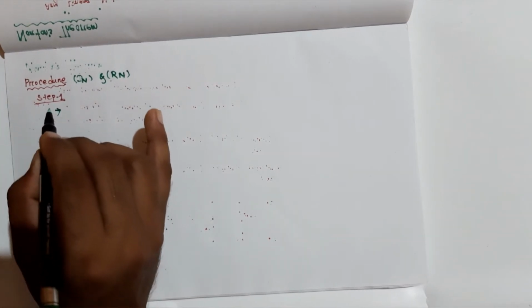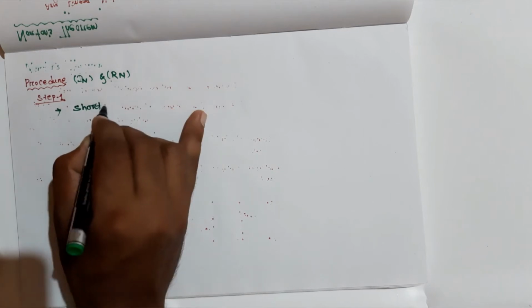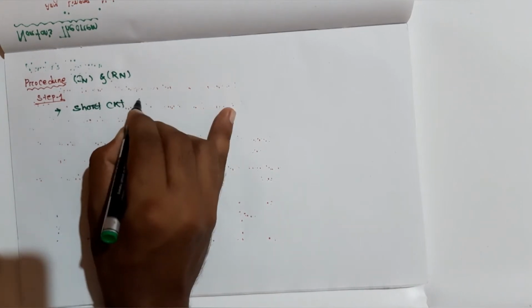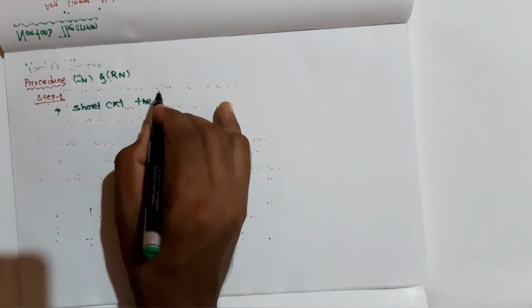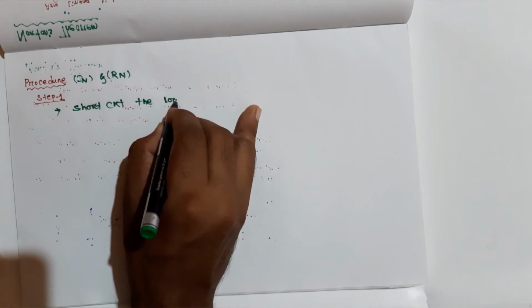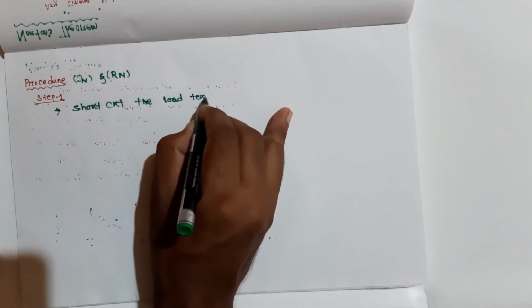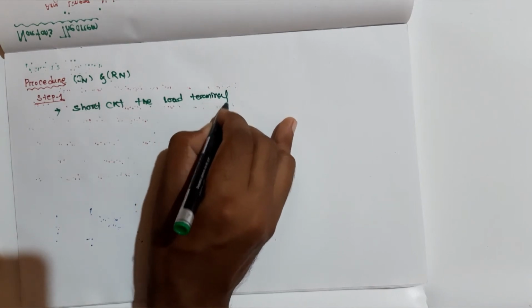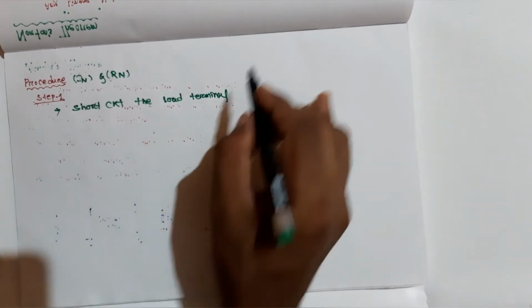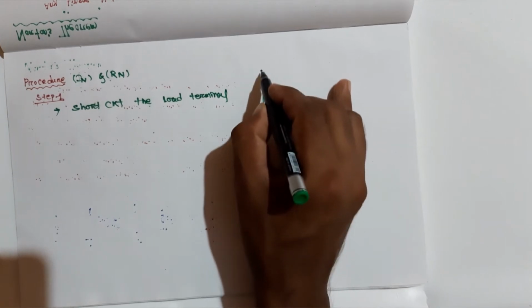The first step is to short circuit the load terminal, where we need to find the Norton equivalent. Let this be the circuit.